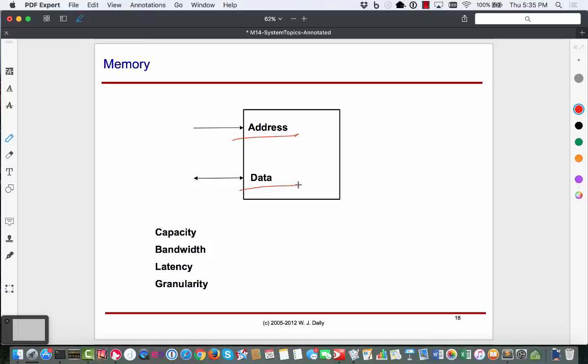So there's a whole addressing schema that exists, just like row and column for the memories that I showed. So all these memories have address and data. The way they differ are these dimensions: capacity, bandwidth, latency, granularity.